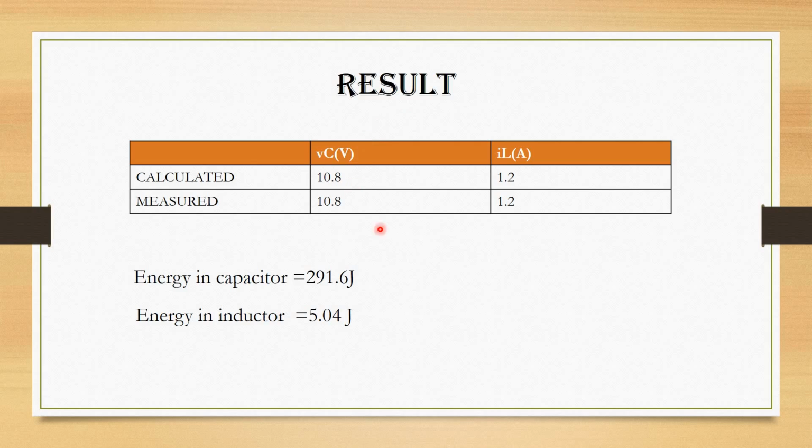From this table, we can see the calculated and measured values are the same. For energy in capacitance, from the calculation we got 291.6 joule, and for the energy in the inductor, we found 5.04 joule.